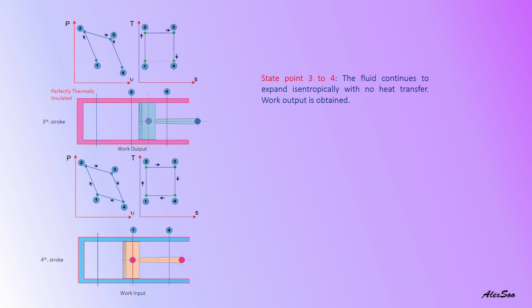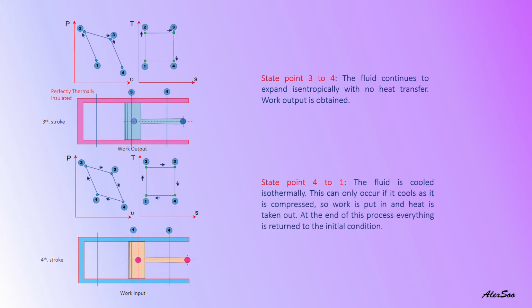So here you can see the piston is moving from state point 4 to state point 1, and the cycle goes in the clockwise direction. So the fluid is cooled isothermally. This can only occur if it cools as it is compressed, so work is put in and heat is taken out. At the end of this process, everything is restored to its initial condition.